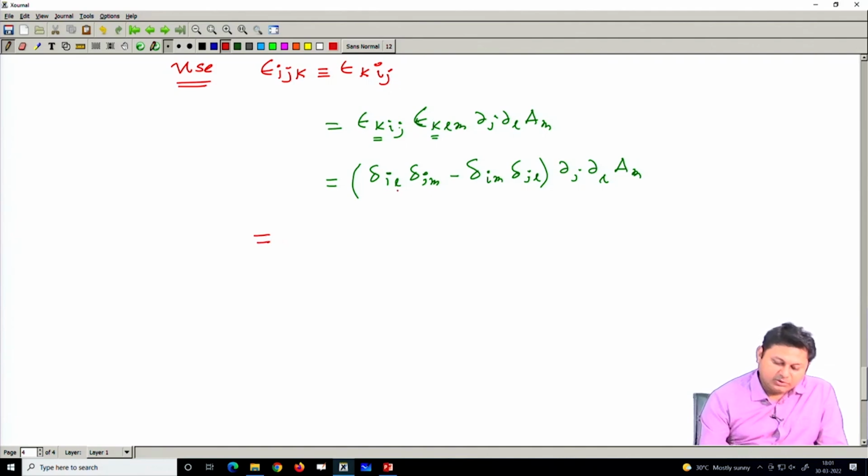When i is equal to l, it is non-vanishing, and when j is equal to m, it is non-vanishing. Keeping that, for the first term l becomes i, so it is del i and then A j, because m equals j. Only then it is non-vanishing. Minus, when l is equal to j, it is non-vanishing, and m becomes i.